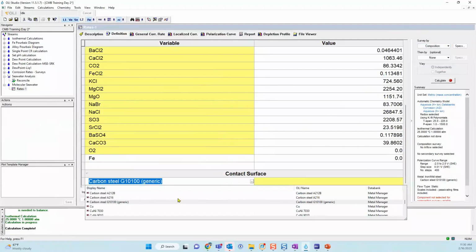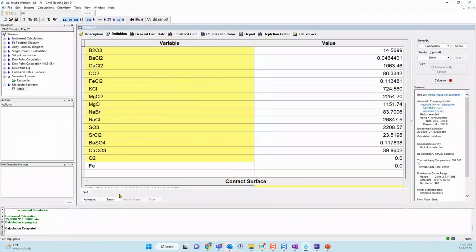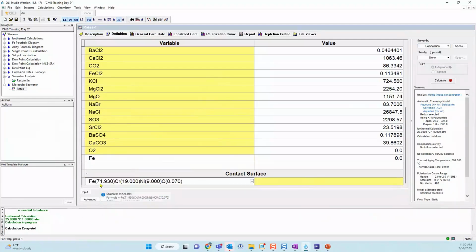No, this is not carbon steel. Stainless steel 304. So click on stainless steel 304. This is the composition, chromium 19%. And I'm going to change the name of this corrosion rate study. I'm going to say oxygen effect on 304 stainless steel. Okay.